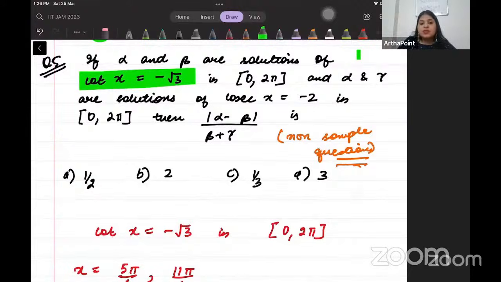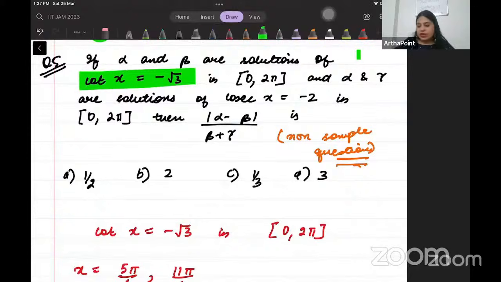There is something called the trigonometric circle, which you can learn, so that you know that my sine theta takes this value here, and my cot theta takes these values there, and so on. For tan theta also, you can do it. So you need to take into consideration at what point which function takes what value. That is going to be very helpful for solving these kind of questions.